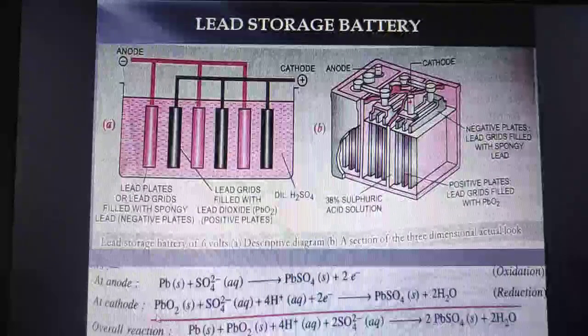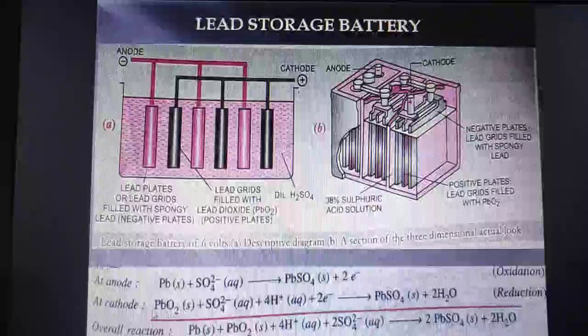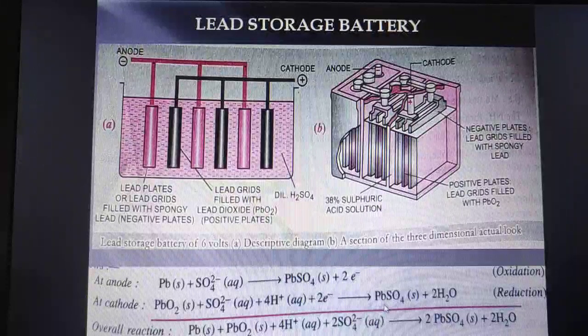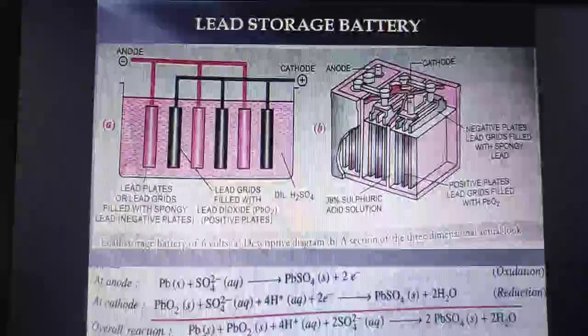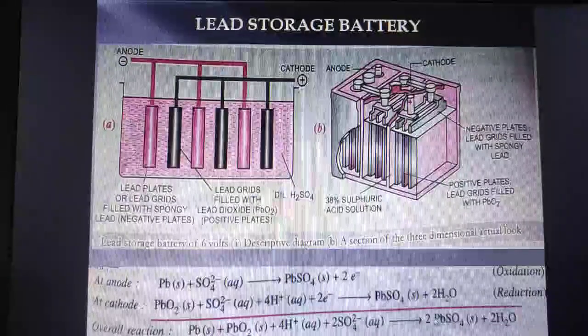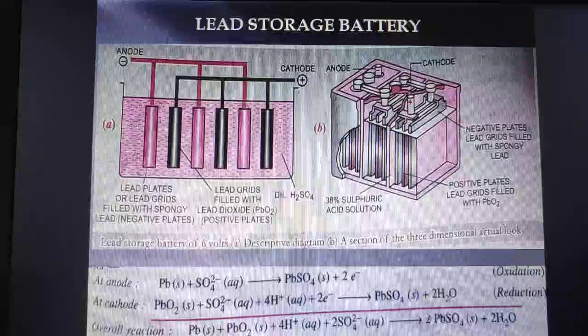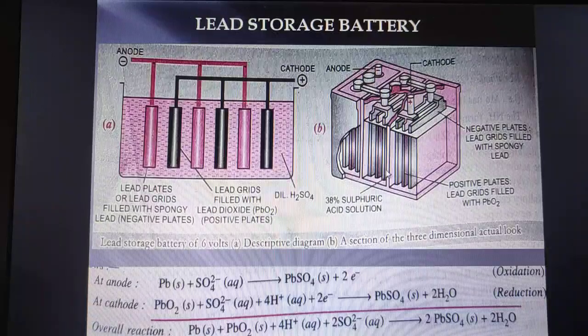That is, the reduction of lead is occurring here, the oxidation state of Pb changing from +4 to +2. The overall reaction may be represented as this. Now this is the 3D structure of the actual battery.